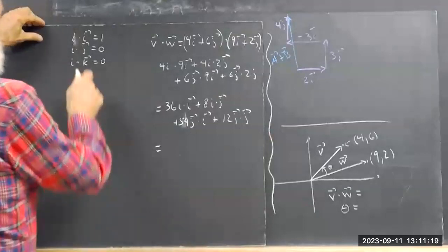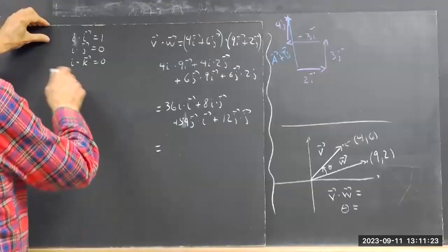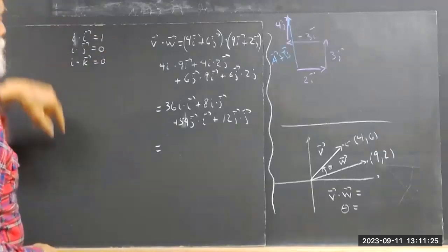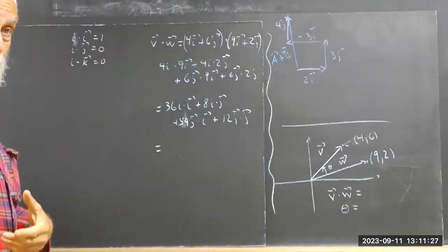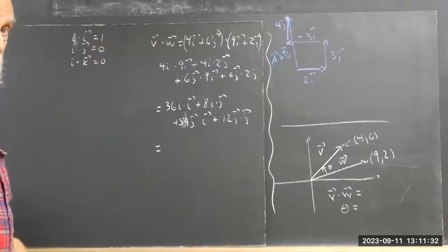So you can write this as a kind of a formal mathematical system. It's a very simple one. If you apply that principle, I, J, and K are all mutually perpendicular. So I dot I has to be 1 and I dot either of the other two, since it's perpendicular, 0.